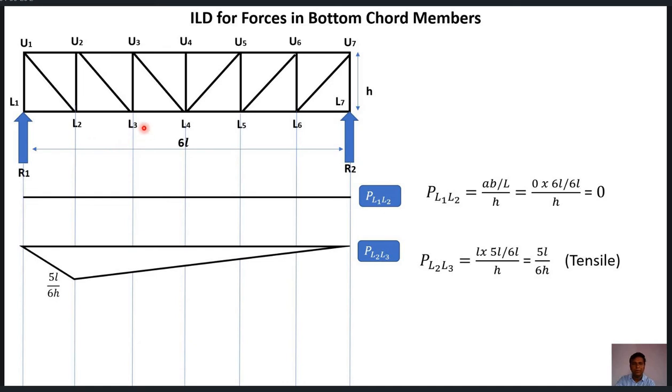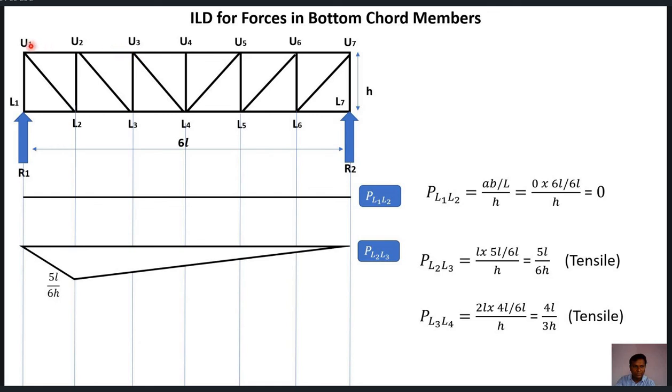Similarly for L3L4, see its opposite joint, that is U3. So the maximum ordinate for the PL3L4 influence line diagram will be at U3. So somewhere here on this line we will be getting the maximum ordinate for PL3L4, and to find its magnitude, again we need to take AB by L upon H. So for L3L4, this is the opposite joint, that is U3.